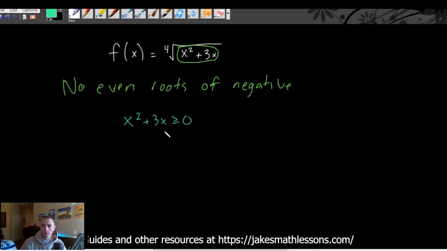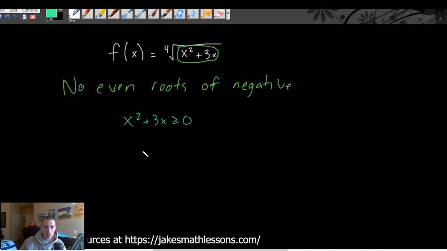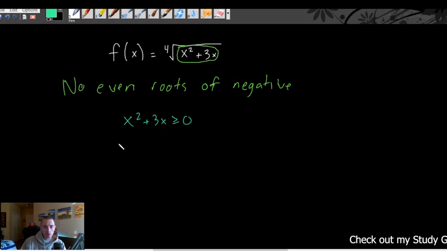So now that we've got our inequality set up, we should be able to just solve this for x, and that should tell us what x values are okay. To solve this, probably the best way would be to factor it. Both of these terms, x squared and 3x, have an x in common, so we could pull x out of it.